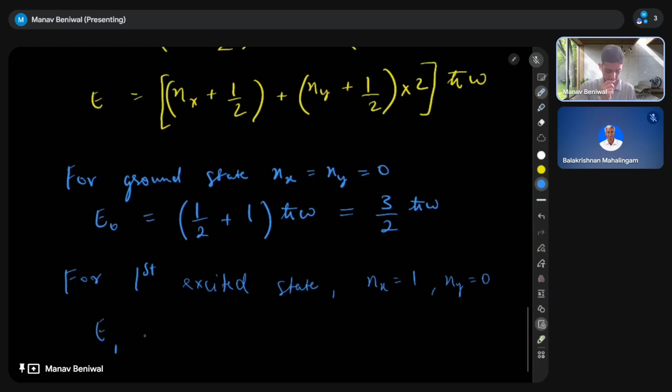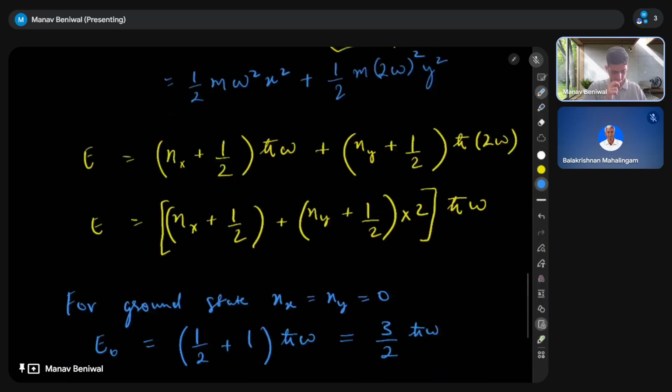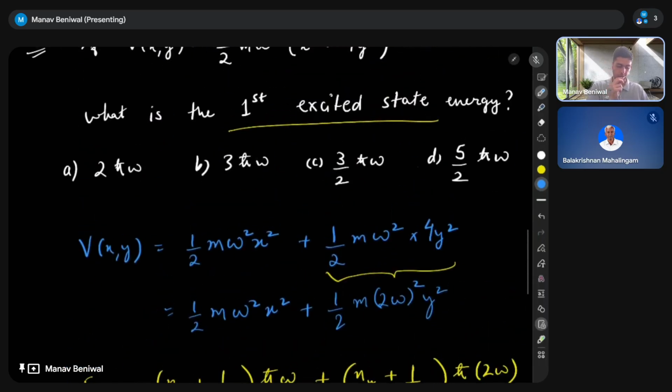This will give us E1 as 1 plus 1 by 2 plus 0 plus 1 by 2, which is simply this, plus 1 h cut omega. So this is 3 by 2 plus 1, which is 5 by 2. So 5 by 2 h cut omega, which means option D.